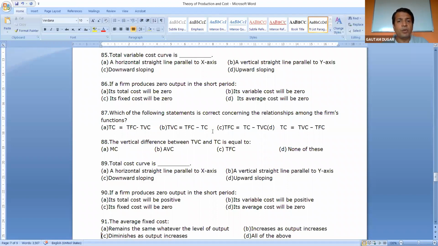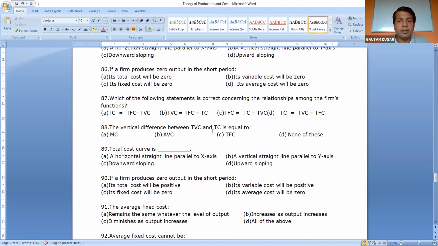87. Which of the following statements is correct concerning the relationship among the firm's functions? Obviously, total cost is equal to total fixed cost plus total variable cost. I'm not going by the options first. Listen. Total cost is equal to what? Total fixed cost plus total variable cost. So option A is not possible.